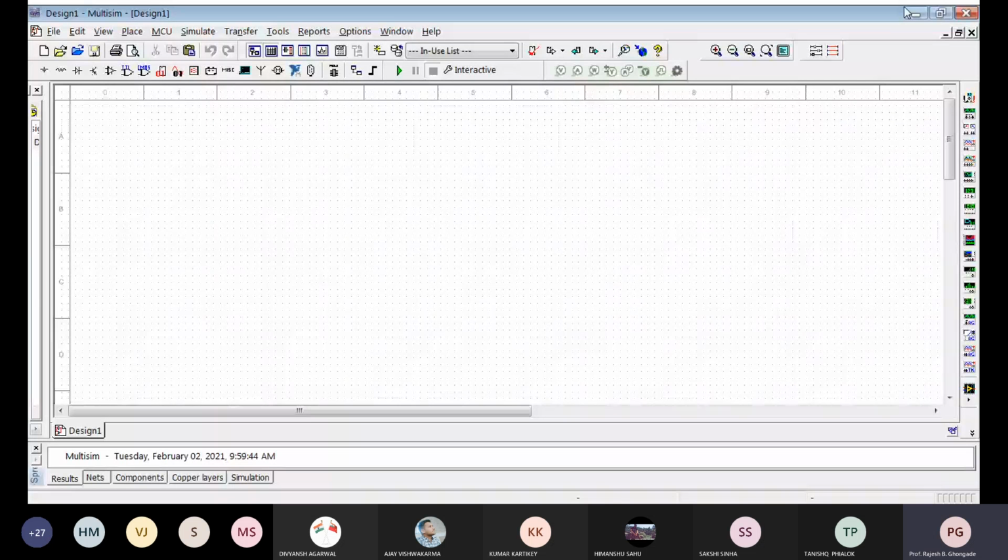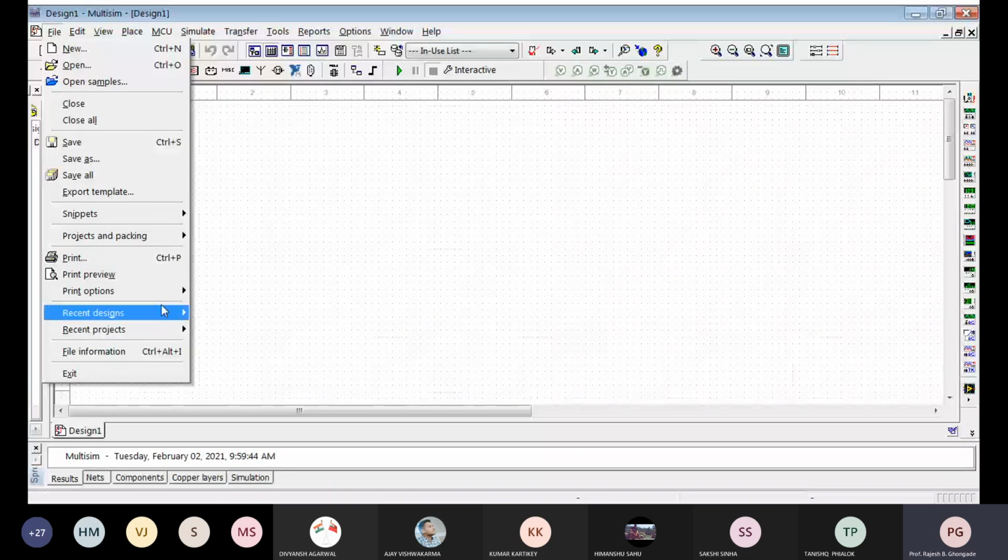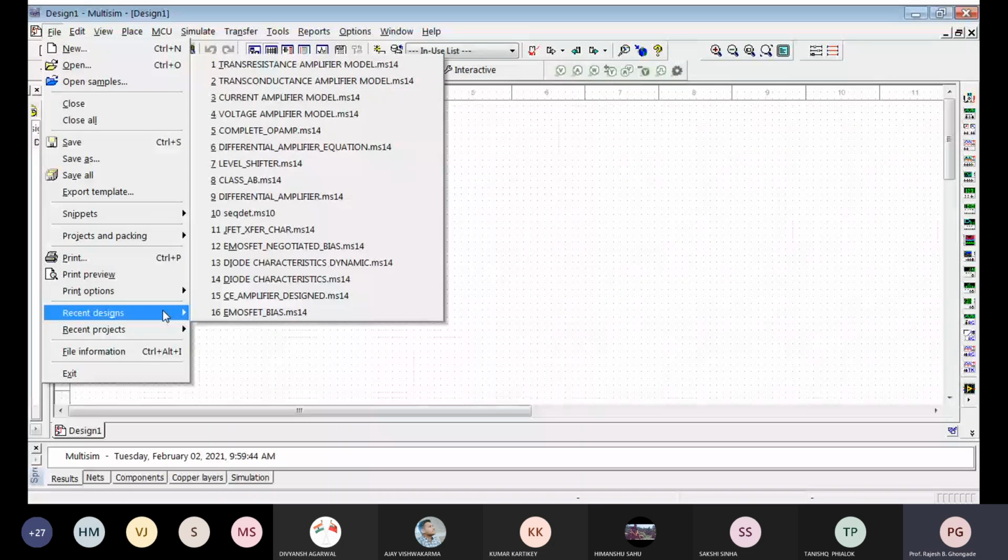Please don't copy the practicals, the reports from other students. Probably the very first thing that we did the other day was the types of amplifiers. For example, this particular model we have already seen.